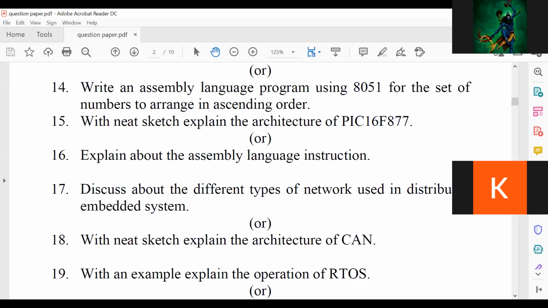Hey, now only I told you. Sushant, tell me what are the three types?